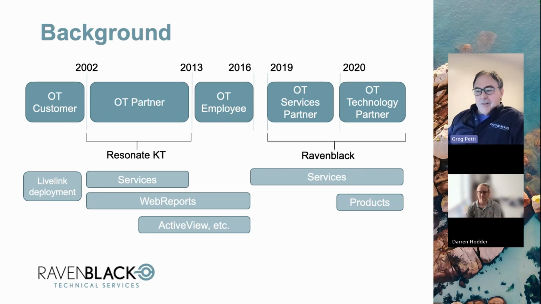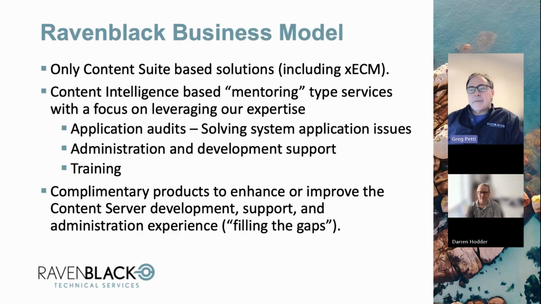We initially did all of the pre-sales and the professional services, and over a period of time, we evolved that. We worked for OpenText, both of us here, for a few years, and ultimately started up RavenBlack. And as RavenBlack, we've been providing audit services, that type of thing, to customers, and ultimately building products.